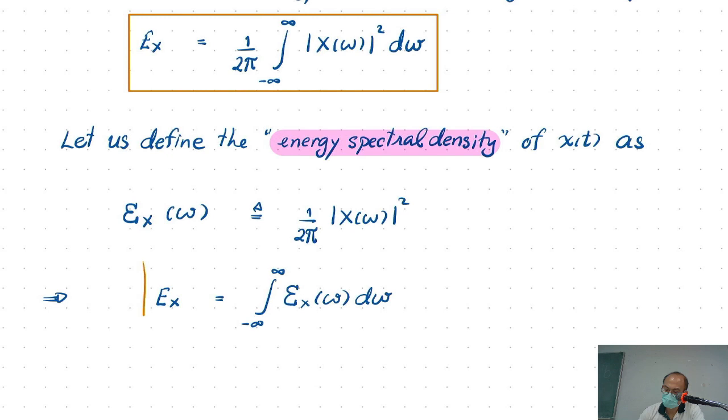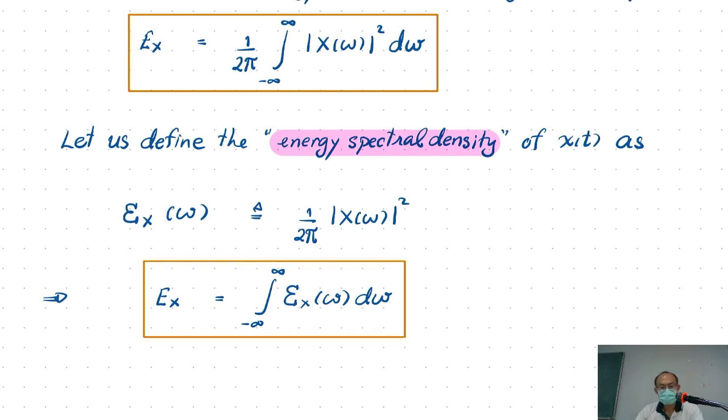In other words, if we are given the energy spectral density of a signal, we can find the energy of the signal by integrating this function over the entire frequency range.